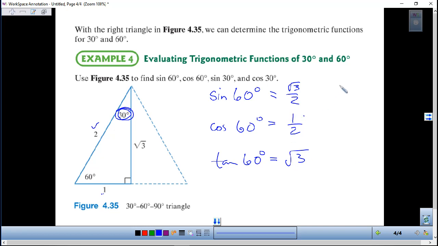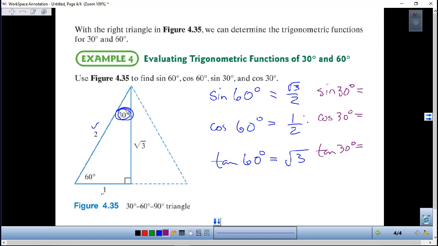So what we end up with, if we do the sine of 30 degrees, the cosine of 30 degrees, and the tangent of 30 degrees, even if we don't know that it just flips around, adjacent and opposite swap places, we can do it the same way.